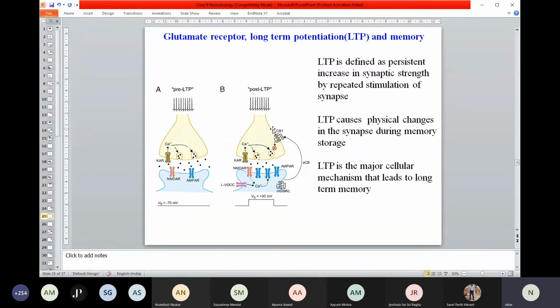If the neurons are activated in a specific interval with a specific magnitude, then depending on the signal strength, depending on how frequently they are coming, the changes that take place in the postsynaptic neuron are completely different.